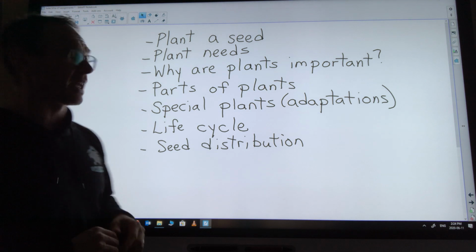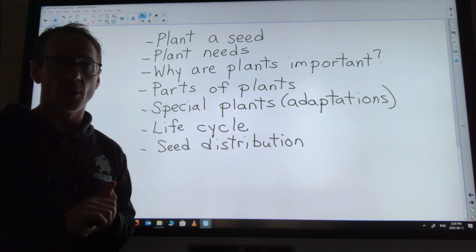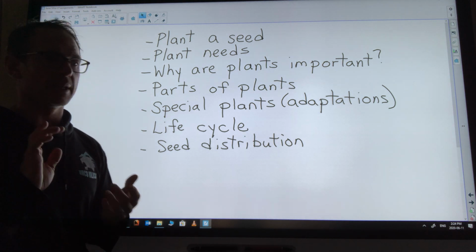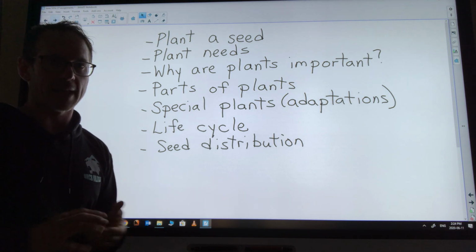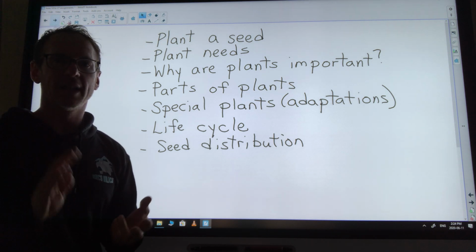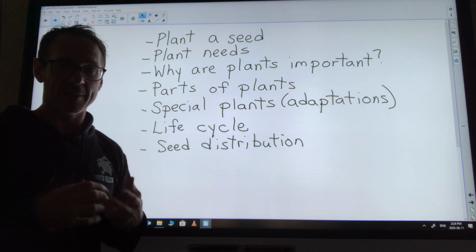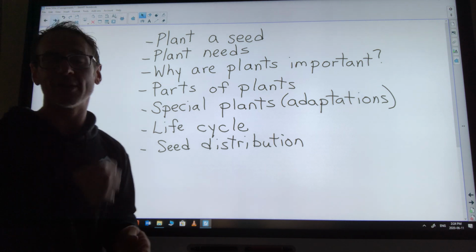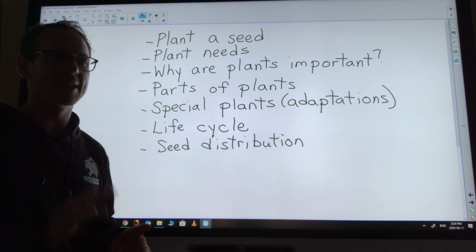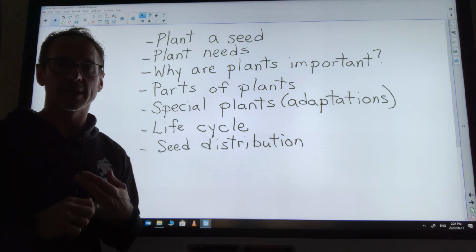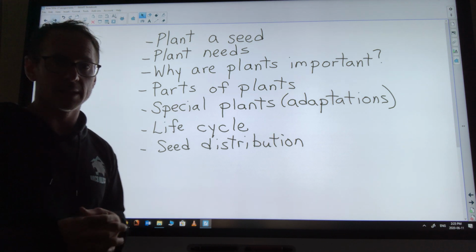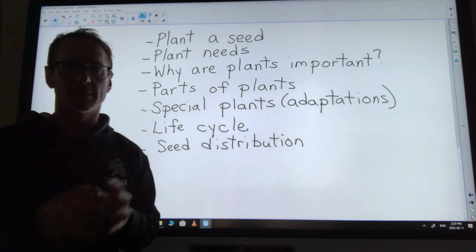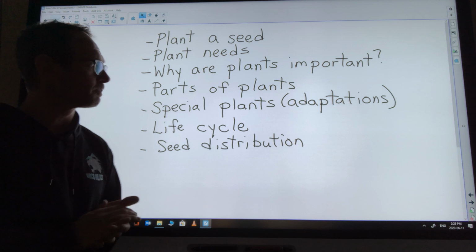We talked about why plants are so important. They're very important in nature because they make oxygen for all of us animals that breathe in the oxygen. They're food for all of us animals that eat plants, or even if we eat animals that eat plants. They also give us shelter, and they hold the soil together to prevent erosion.